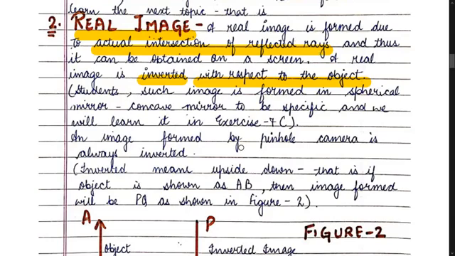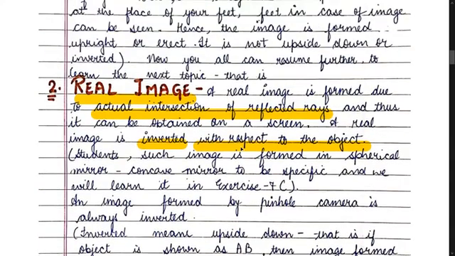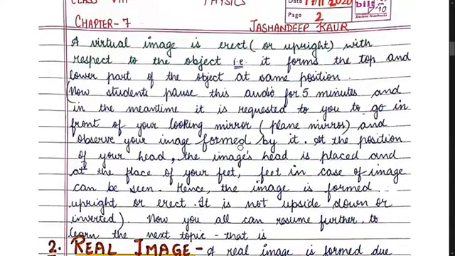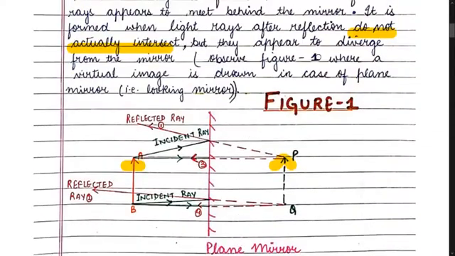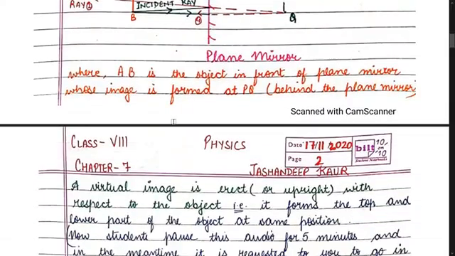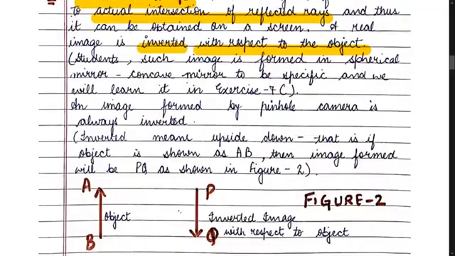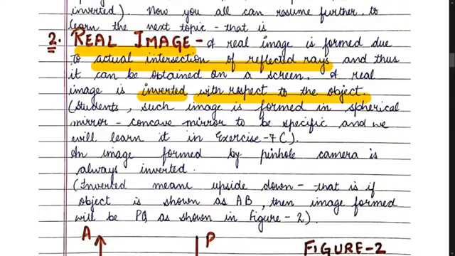So first, the main difference between real and virtual image is that in virtual image, the reflected rays were not actually intersecting, while in case of real image, actual intersection of reflected rays occurs.